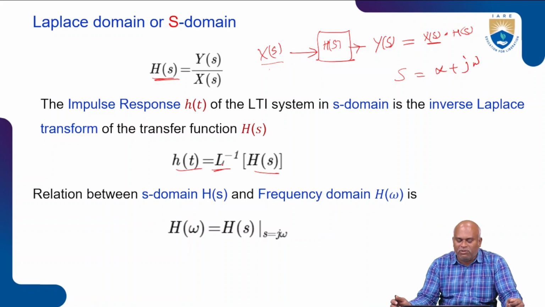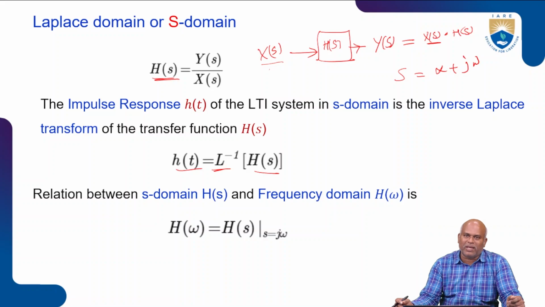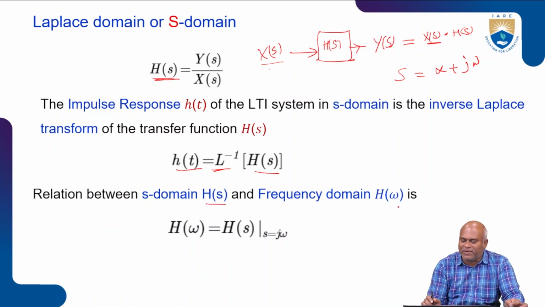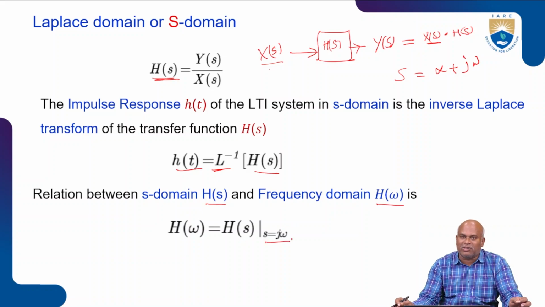So now we go for the relation between the s domain and the frequency domain, that is H of s to H of omega. H of omega is equal to H of s when s is equal to j omega.